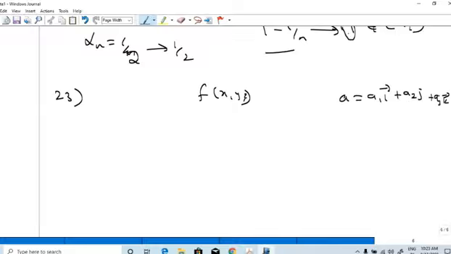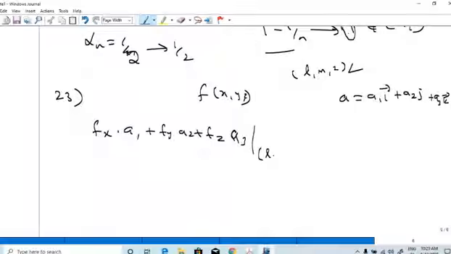If you want to find it at some point L, M, N, you have to find fx dot a1 plus fy dot a2 plus fz dot a3. After that you substitute x equal to L, y equal to M, z equal to N. This is the directional derivative of the function along the direction.